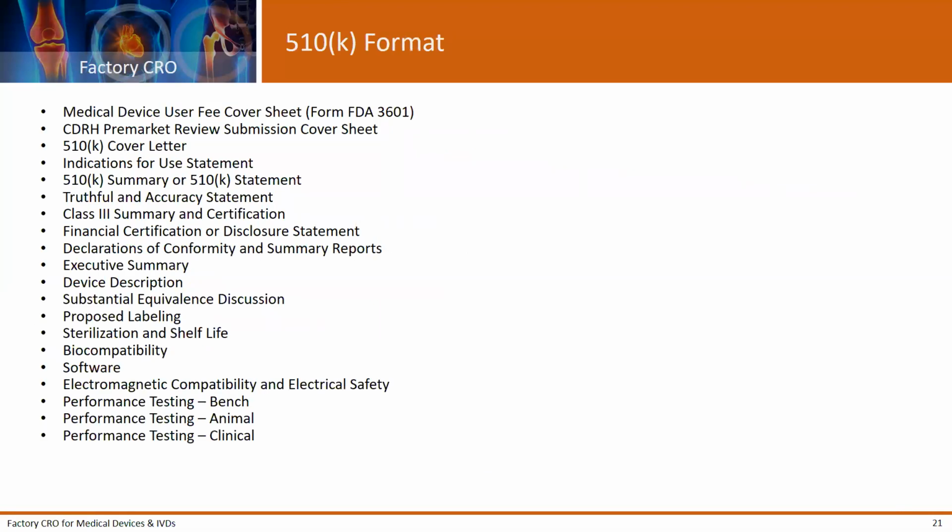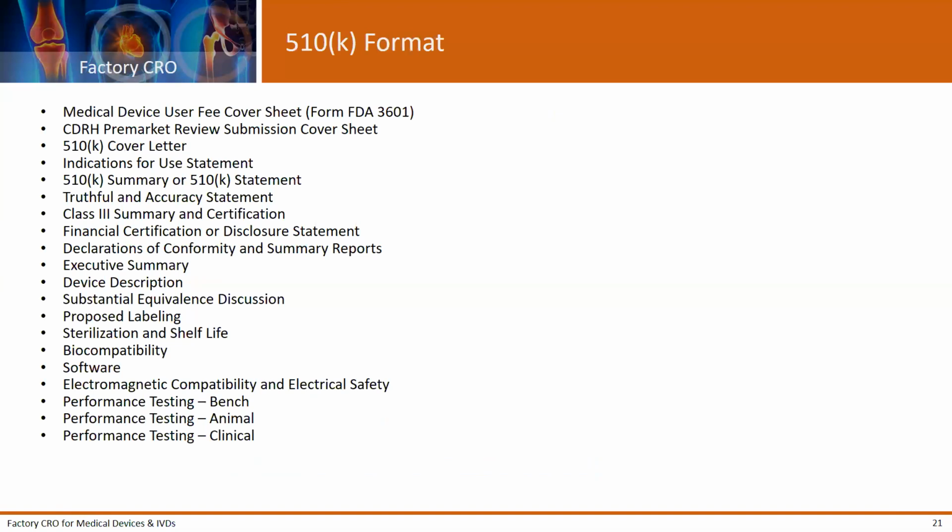This is what a 510K format looks like. Those items should all be included. Please take a fast look, because during the workshop in Amsterdam, Rob Packard will discuss everything that comes with the actual 510K dossier.